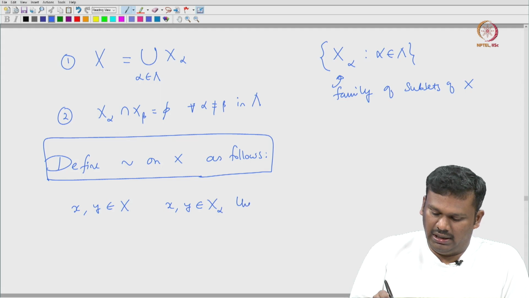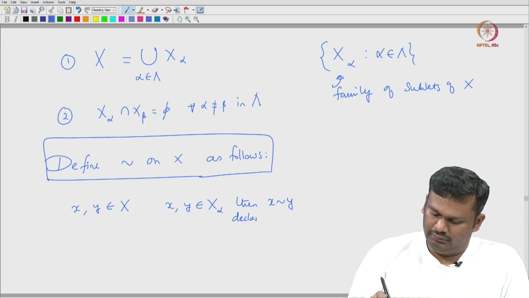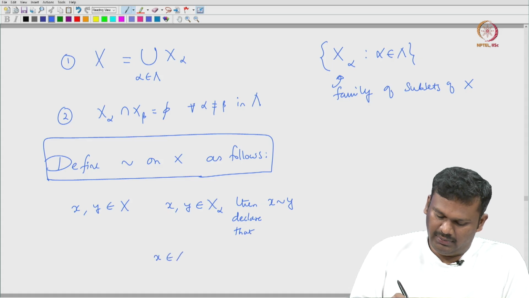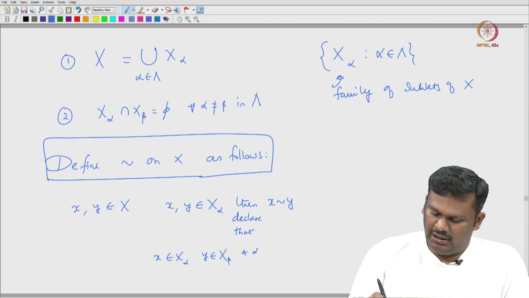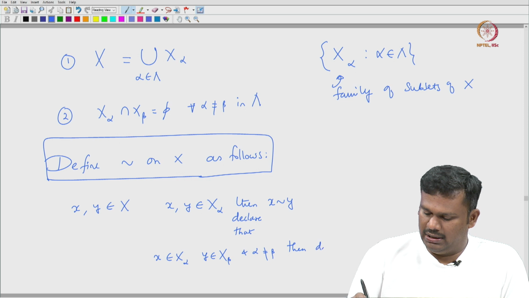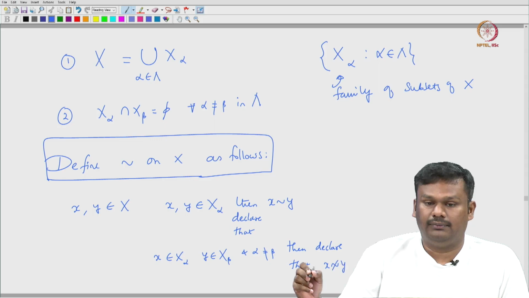Then you declare that x and y are related. Okay. If x comes from X alpha, y comes from X beta and alpha not equal to beta, then declare that x and y are not related.